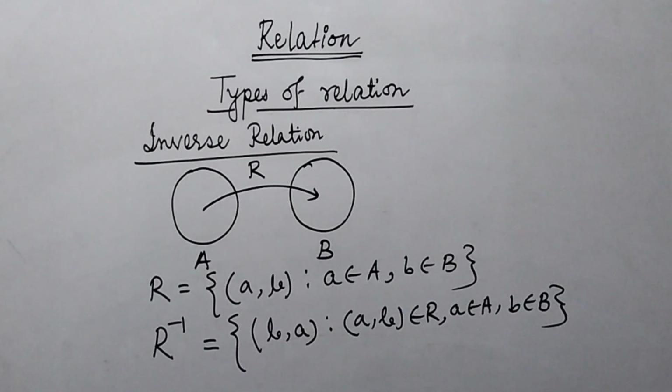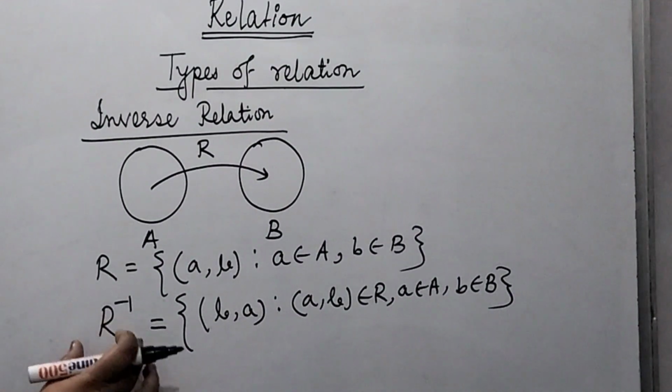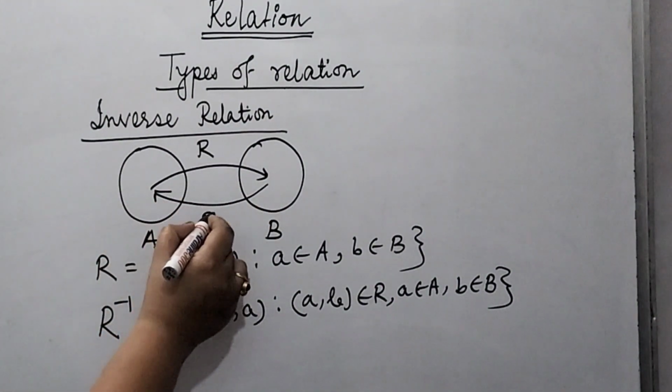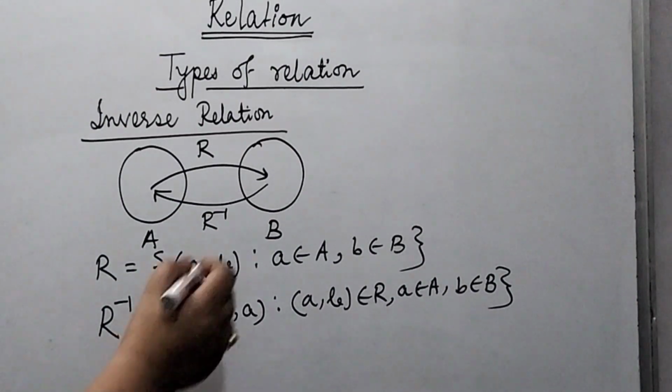That is, if the relation contains the elements of the form (a, b), ordered pair a, b, then the inverse of it will contain the elements which will be of the form (b, a), where the element (a, b) obviously is in R. So from the structure of inverse relation, R inverse, it is clear that this is the relation from B to A.